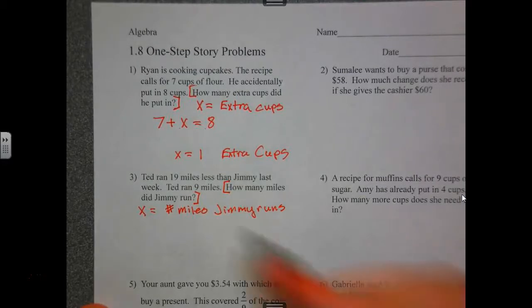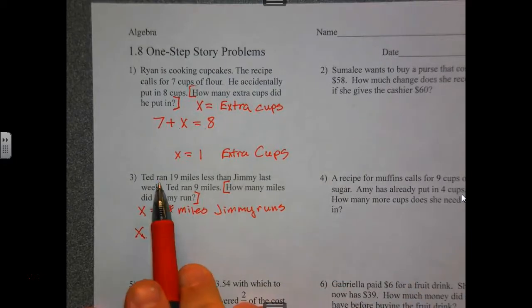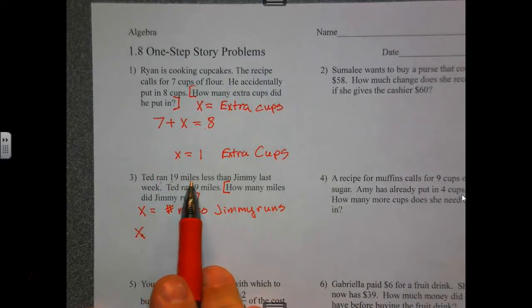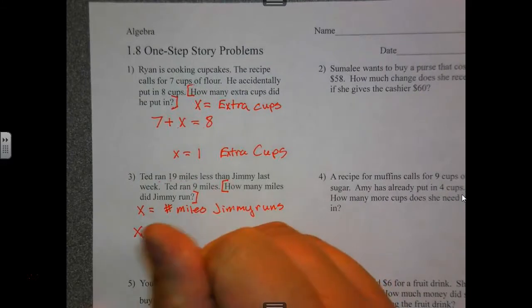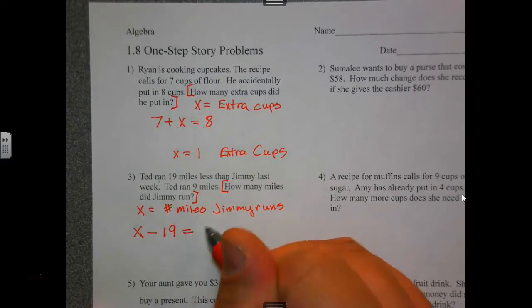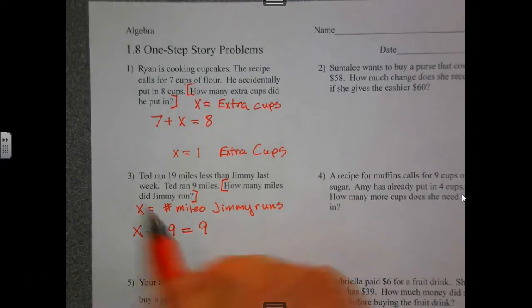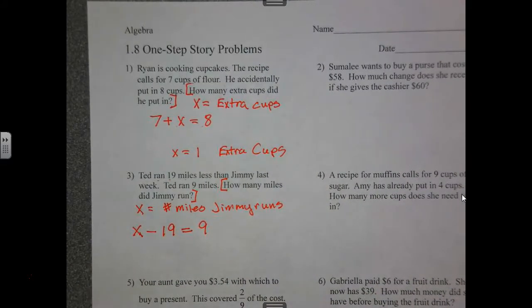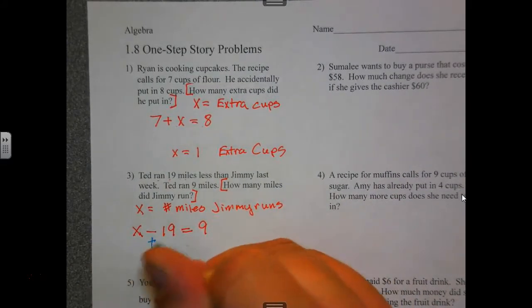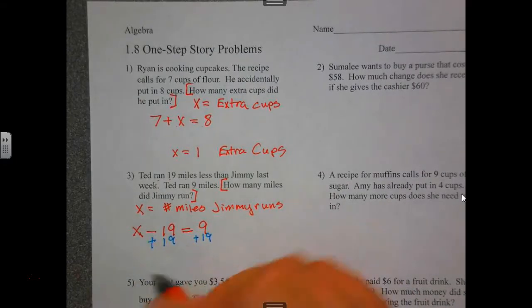Okay, so here's the number of miles Jimmy ran. Ted ran 19 miles less, so we're going to subtract 19 miles, and Ted ran a total of 9. So Jimmy ran how many miles? Add 19 to both sides. 28 miles.